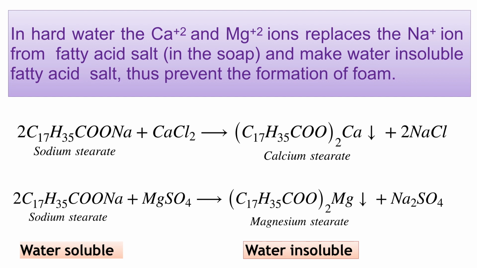So this curd-like white precipitate is nothing but the precipitate of the calcium salt or magnesium salt of long chain fatty acid. As they are not soluble in water, effectively they cannot work. Effectively your soap cannot work, and effectively your soap will be getting destroyed. Your soap cannot do the cleaning job properly.